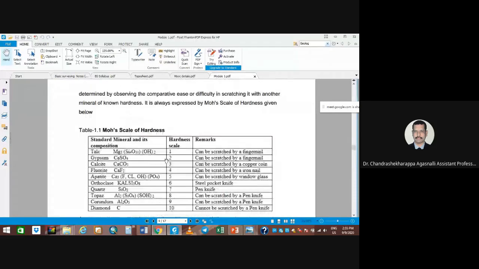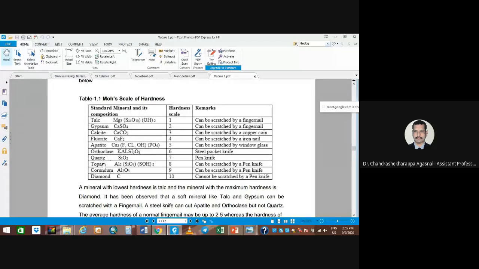As I told you, these are physical properties of minerals, so hardness will be 7 for this. Okay, here you can see, especially for some minerals like topaz and quartz, we have fixed the hardness for that particular mineral. The rest of the minerals will come within this range, okay, depending on the silica percentage, right?